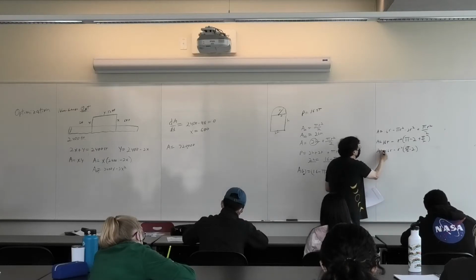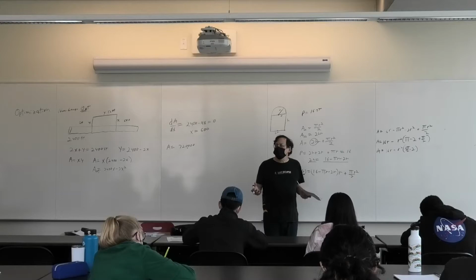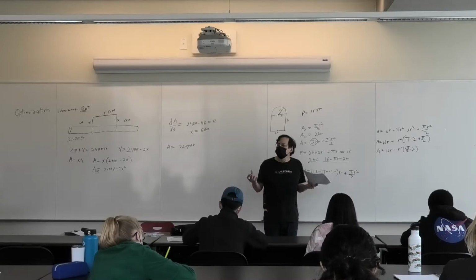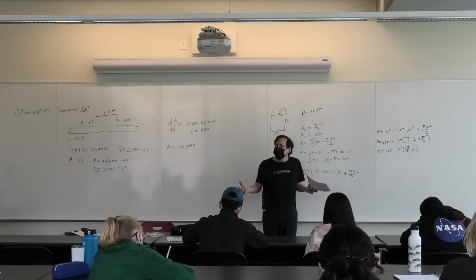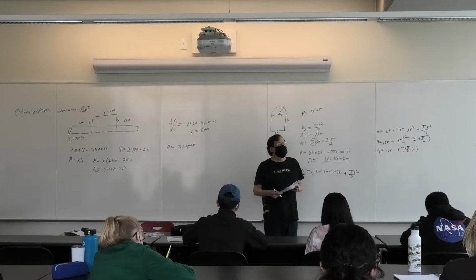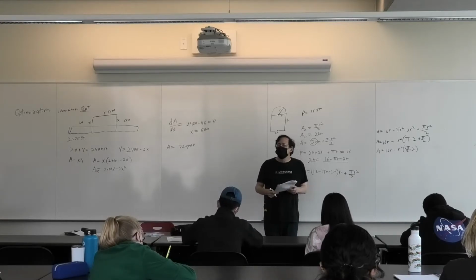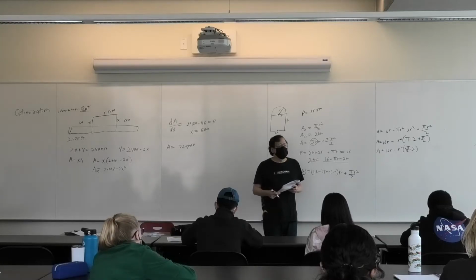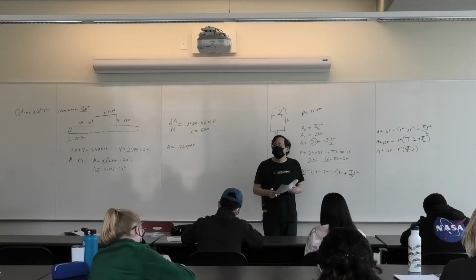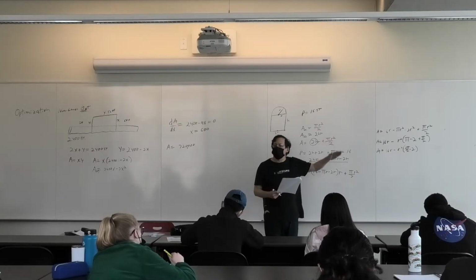So what am I going to do next here? I have a function of area in terms of one variable, and I want to maximize it, I want to optimize it, so it's the same process, right? What do I do when I want to minimize or maximize a function?